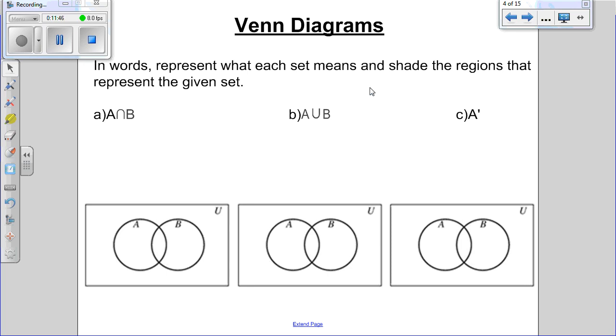Question A. This means set A and B. So this means things in set A and B. If I was going to shade that region in, it would be right here. Anything that's in that little portion that I've shaded would be what belongs to A and B.